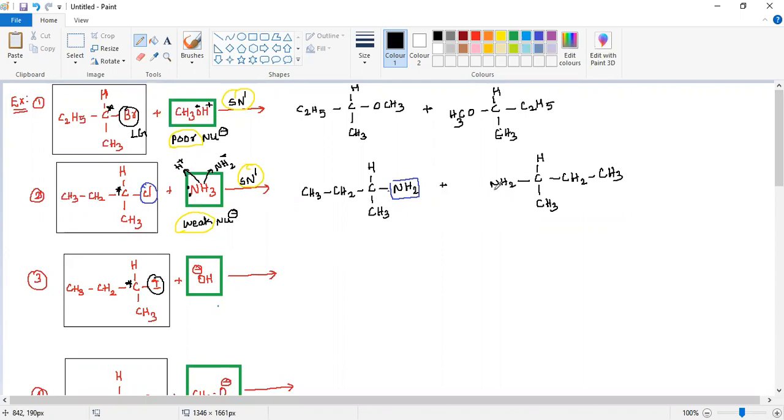Here the reagent is OH minus, which is a strong nucleophile. It must undergo the SN2 mechanism.